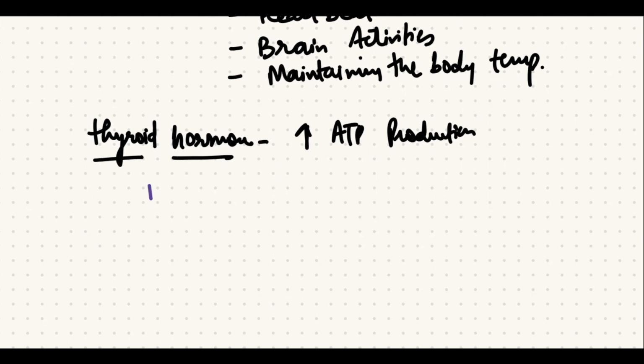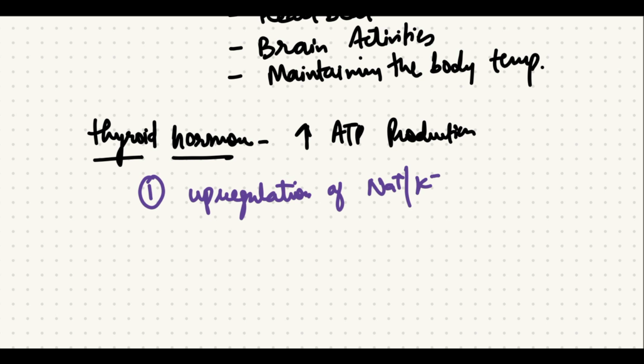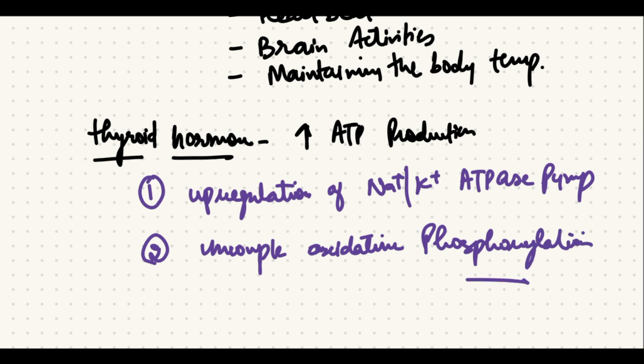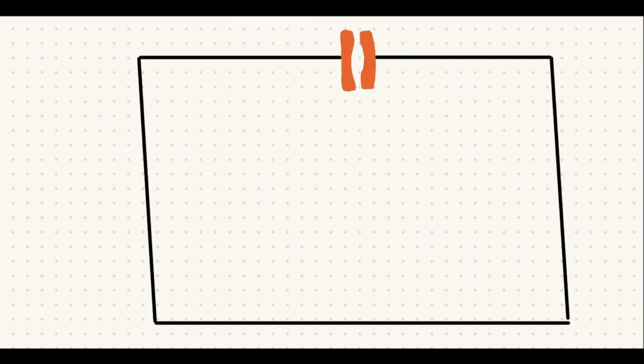Thyroid hormone produces ATP by upregulation of sodium-potassium ATPase pumps, and by uncoupling the oxidative phosphorylation.